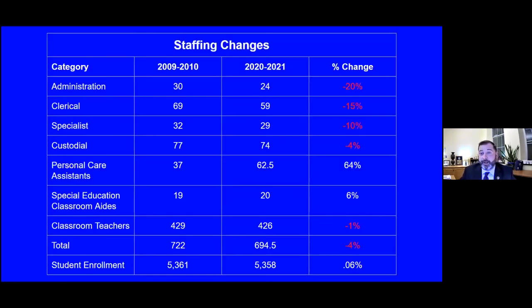So to talk about salaries and benefits, you got to talk about staffing, and this is kind of why the district has stayed solvent over the last 40 years, and it's the management of its people and the board's willingness to raise taxes to accommodate those people. So as you can see, over the last 12 years here, enrollment just about the same there on the bottom, and each category has been reduced except for our PCA category, and I explained a little bit of that Monday night.